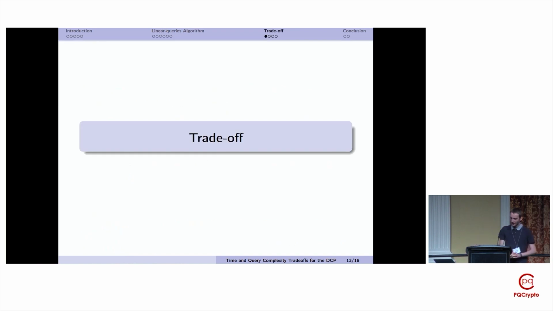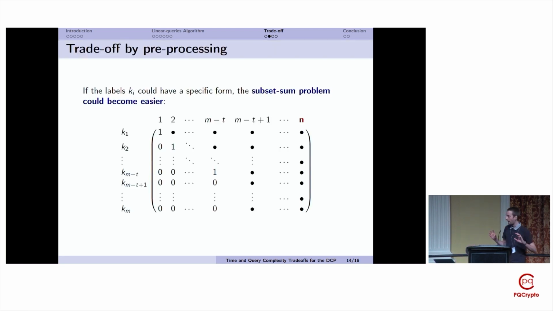Okay, so now in the time that I have left, I will present a bit the idea of the trade-off that comes with this algorithm. So imagine that instead of having random labels at the beginning and then a very hard subset sum instance, you could somehow shape the labels.